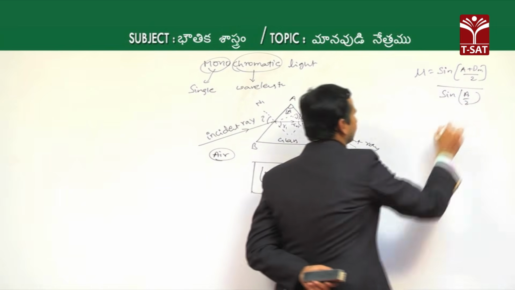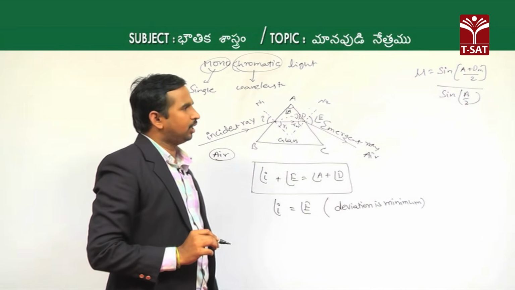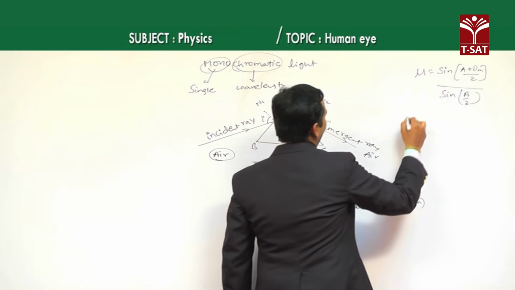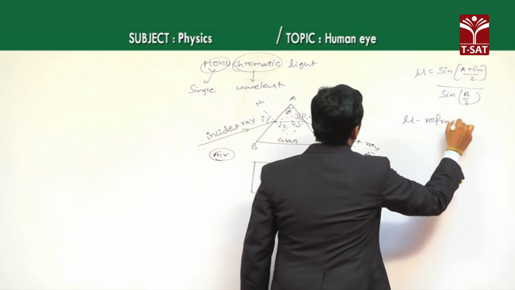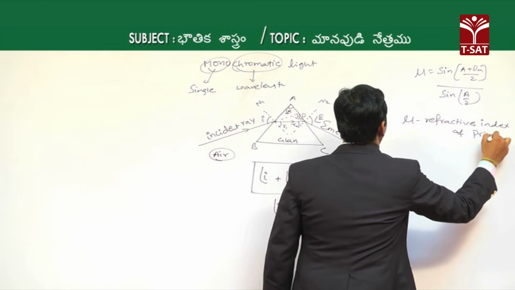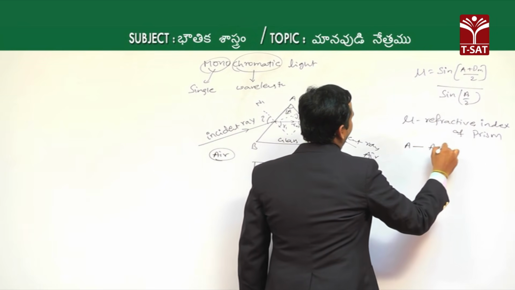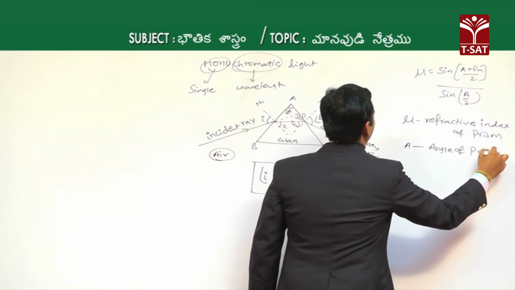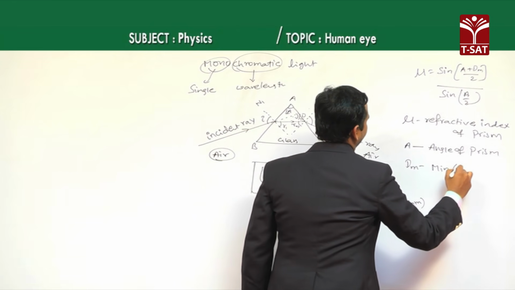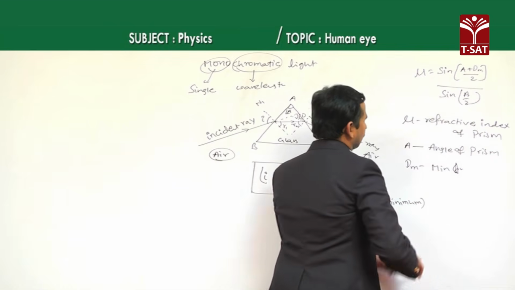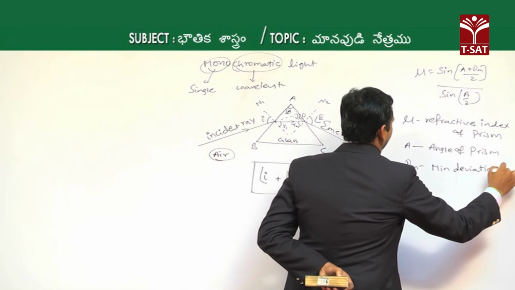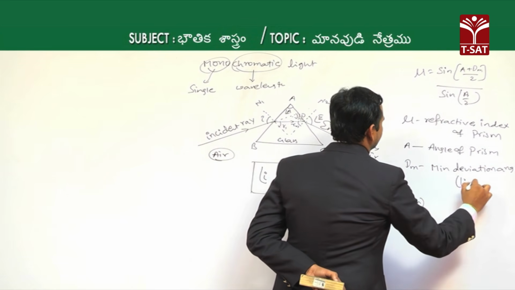Here A is the angle of the prism, mu is the refractive index of the glass prism, and Dm is the minimum deviation, which comes when the angle of incidence equals the angle of emergence.